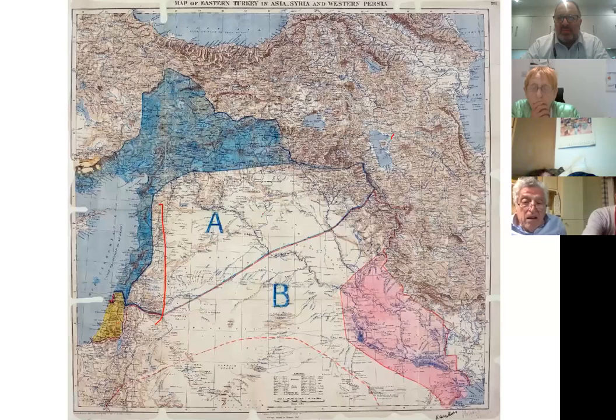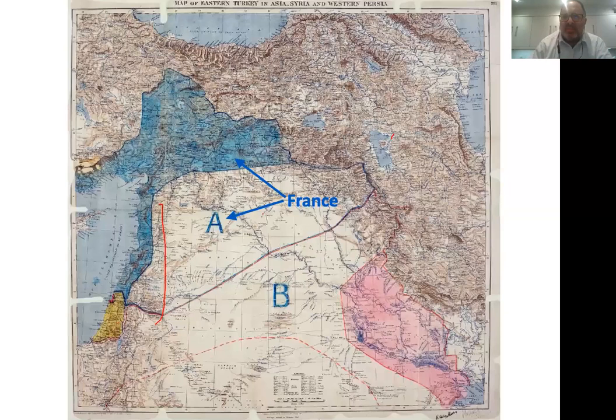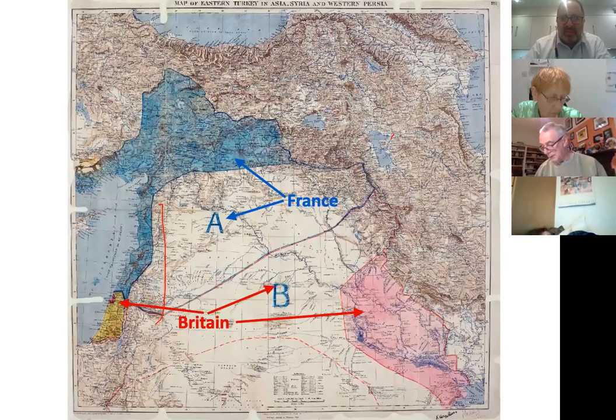And what we can see here is the blue zone, which is France. And they had control over a coastal strip of Syria. The British had, what did we have? We had a tiny strip.